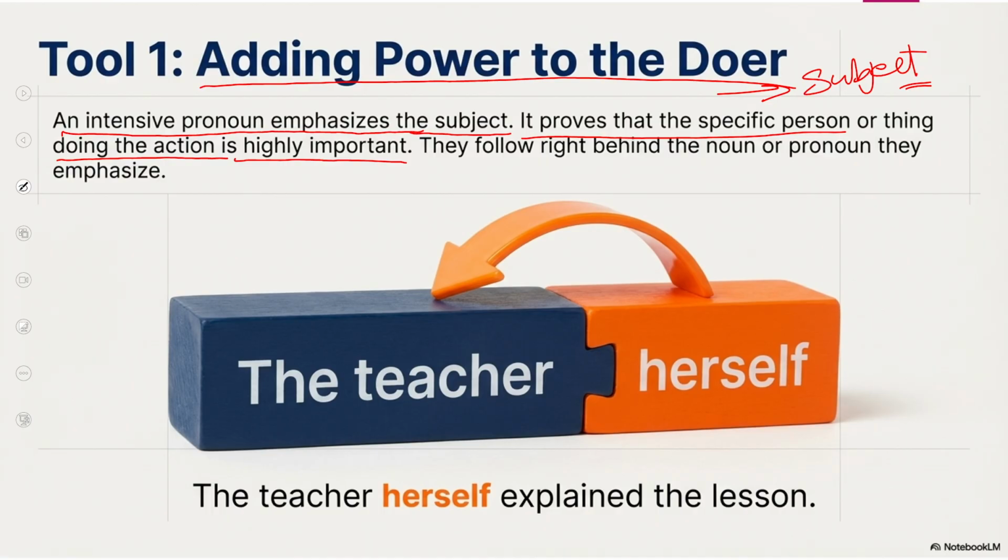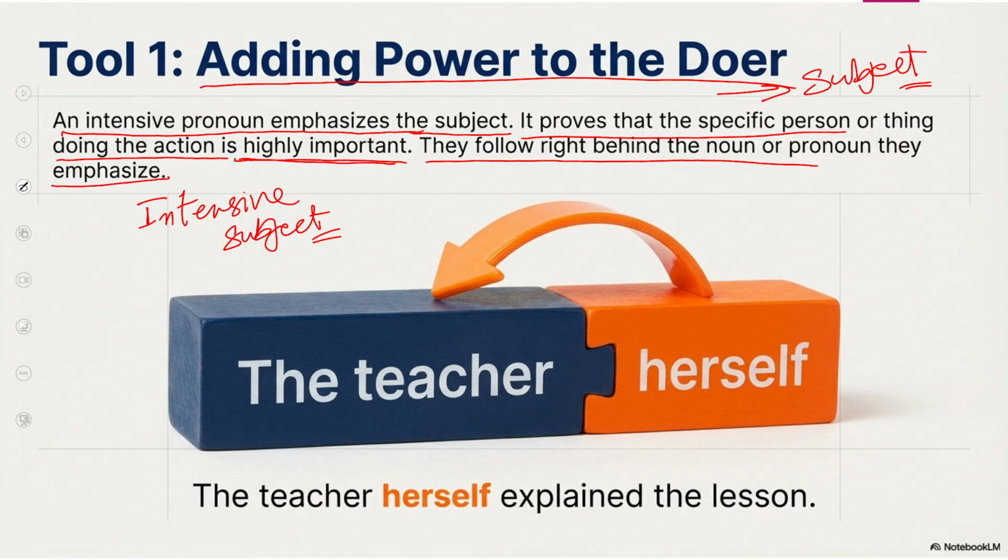Now, it is very clear that the intensive pronoun is highly important for the subject. They follow right behind the noun or pronoun they emphasize. After the subject, there should be a word that is indicating the subject.